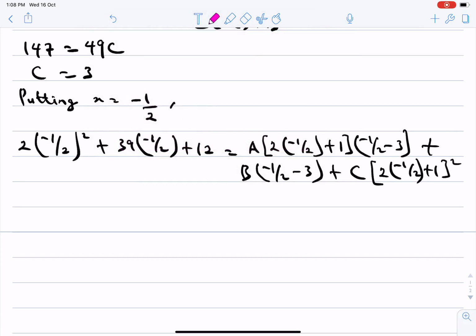So what do we have? 2 times minus 1 over 2 is minus 1. Minus 1 plus 1 is 0. That means the whole of this is 0.